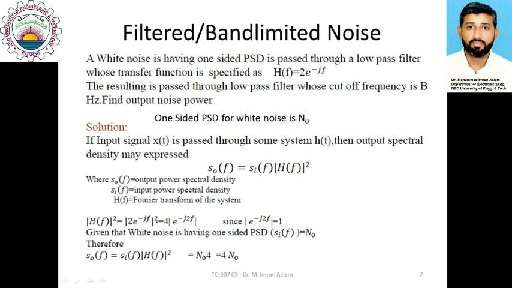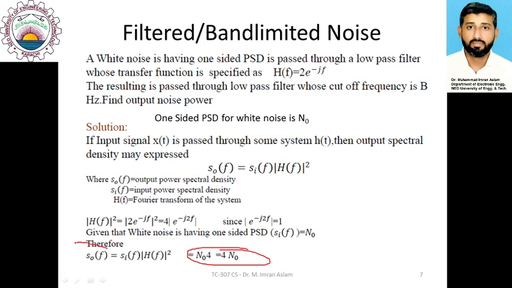So the magnitude of H(f) squared is actually 4. So if we calculate the white noise, it will be written as N naught into 4 here.